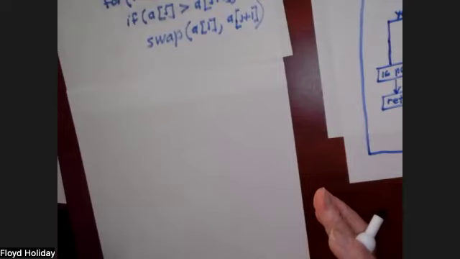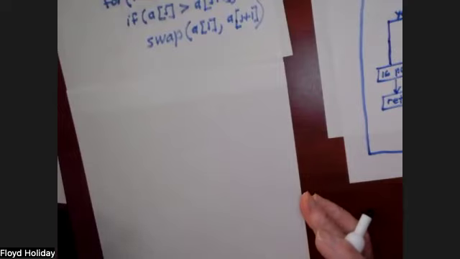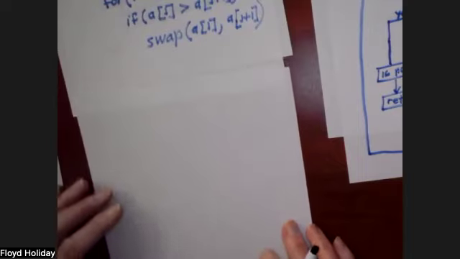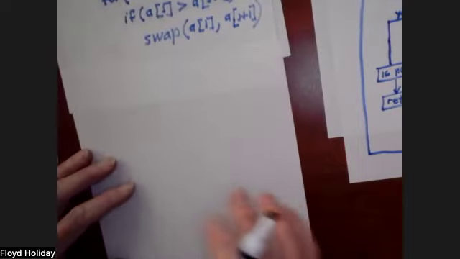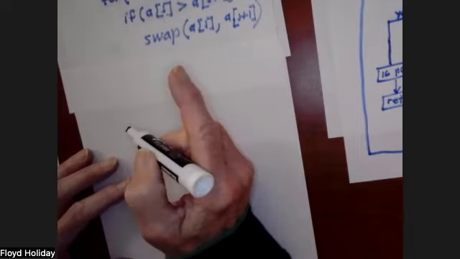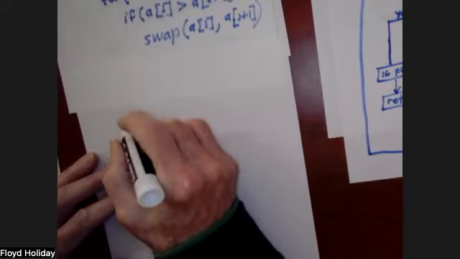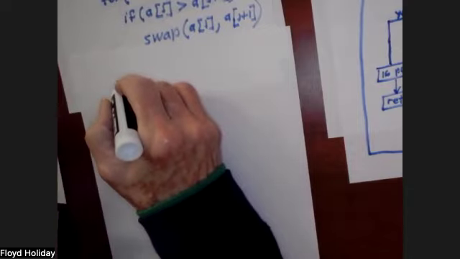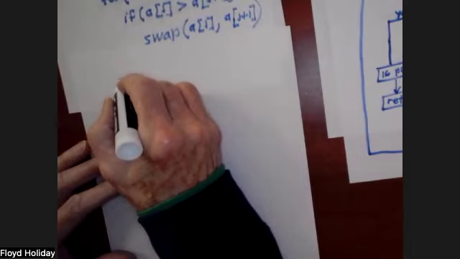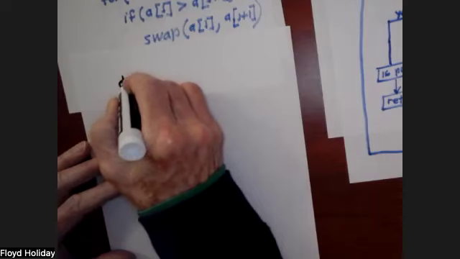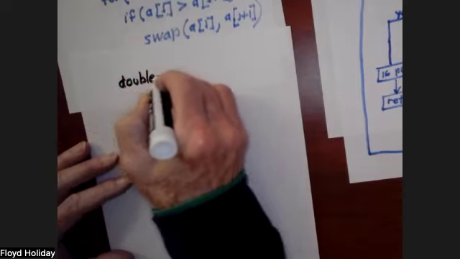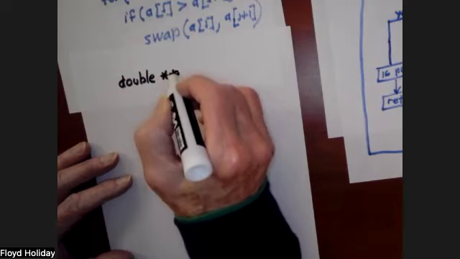We have to pass it by pointer and see if that works. Array of doubles. Double small, P.